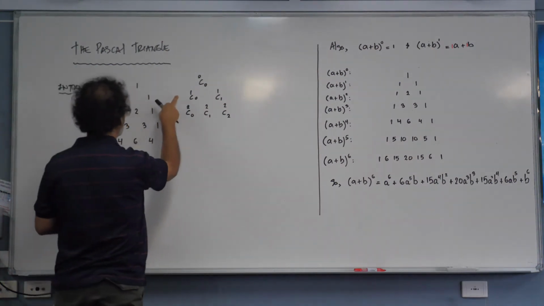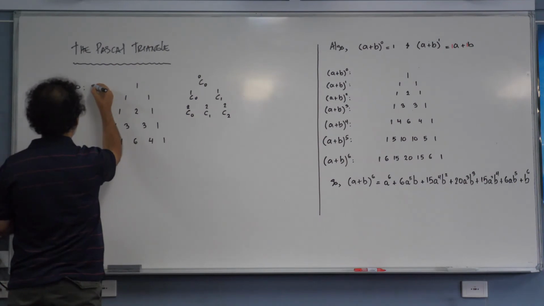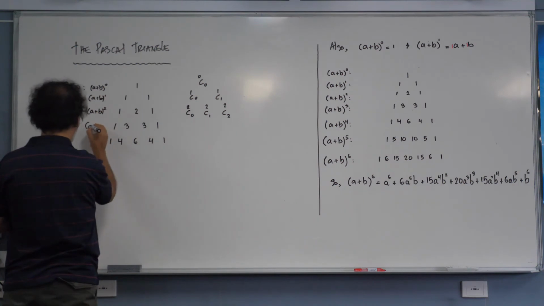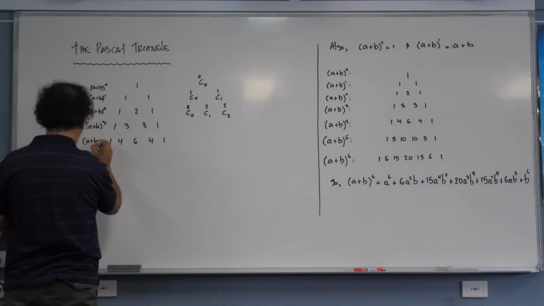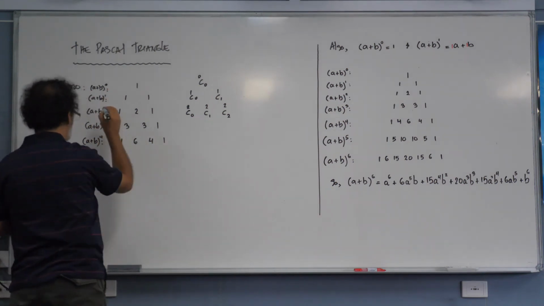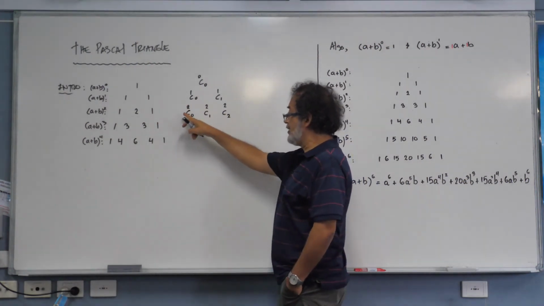Keep in mind that this is the (a plus b) to the 0, this is (a plus b) to the 1, this is (a plus b) to the 2, (a plus b) to the 3, and this is (a plus b) to the 4.